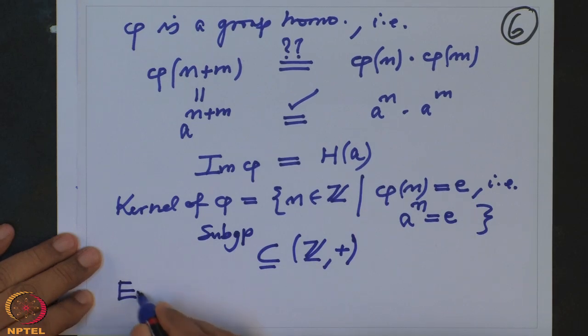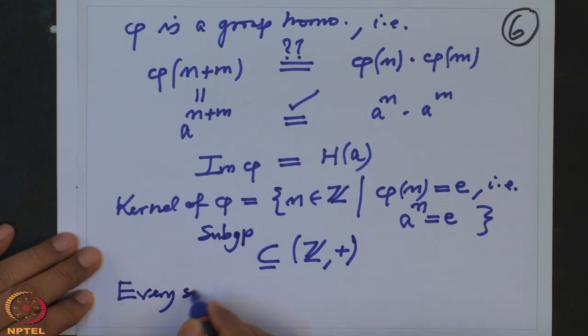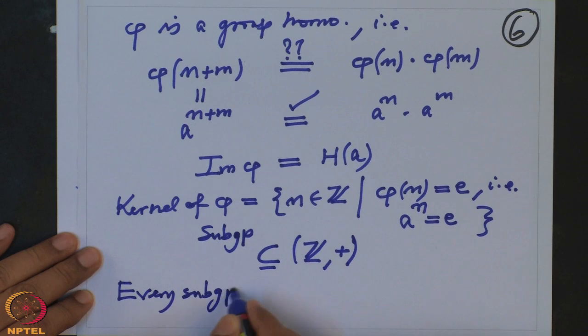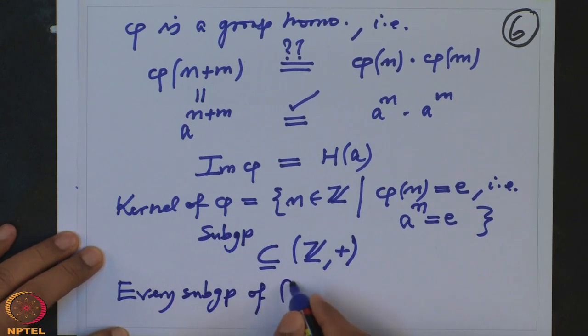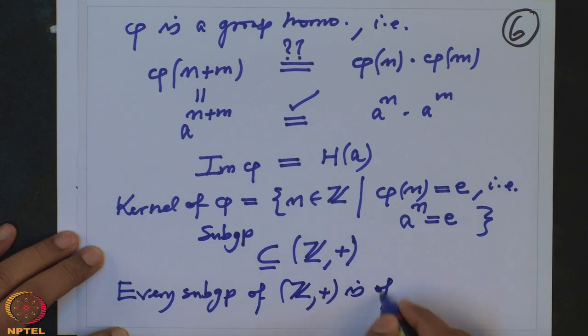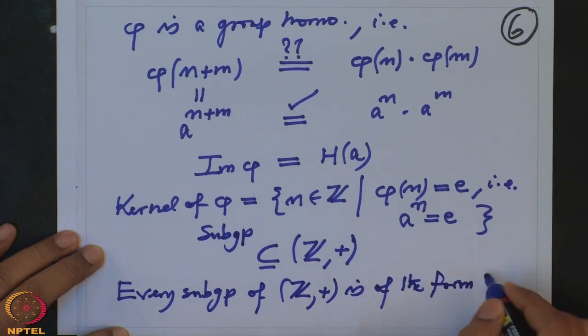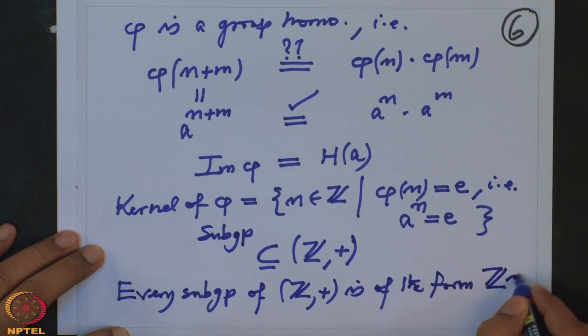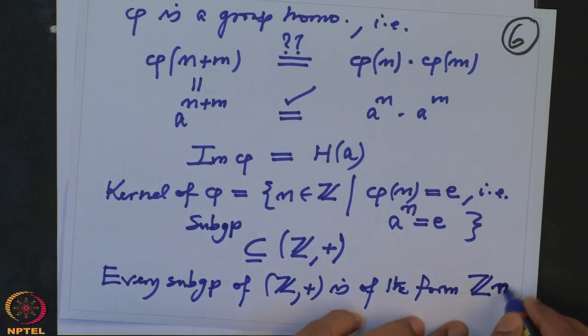Every subgroup of Z plus is of the form Z multiples of a fixed number m.